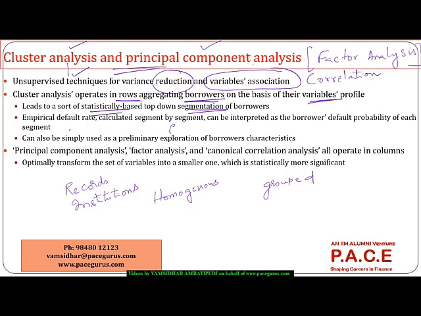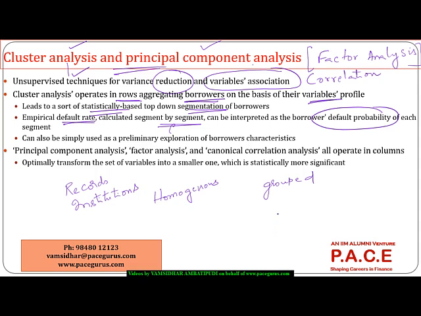Once the grouping is done, I can find out the empirical default rate for each of the groups separately. Group by group, I can calculate the empirical default rate, and based on that the default probability for each group can be found out. The way to group the borrowers is typically cluster analysis.